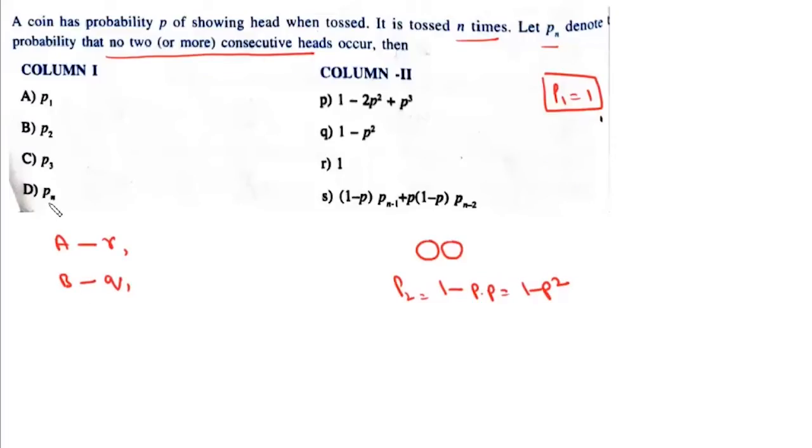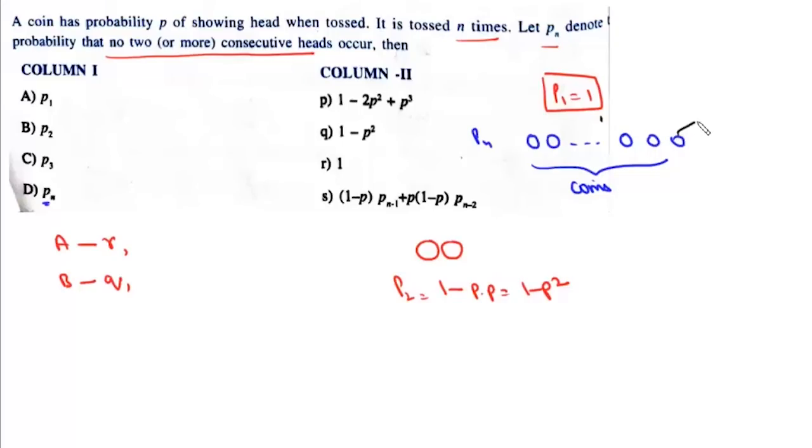Now before this third one, we'll take this fourth case when we have Pn. That is, we have tossed n coins, and Pn is the probability that no two or more consecutive heads occur. Now we'll consider two cases.